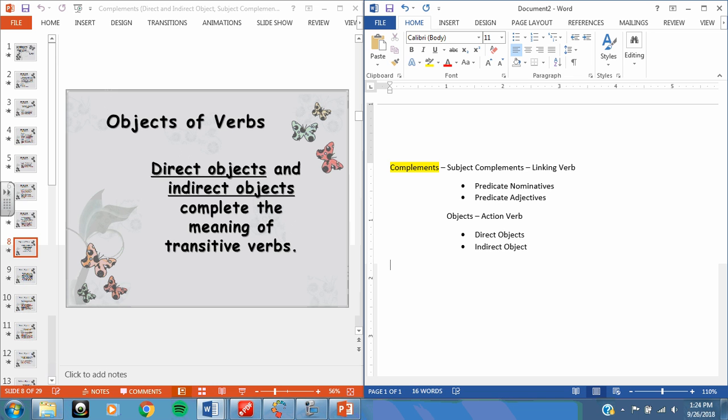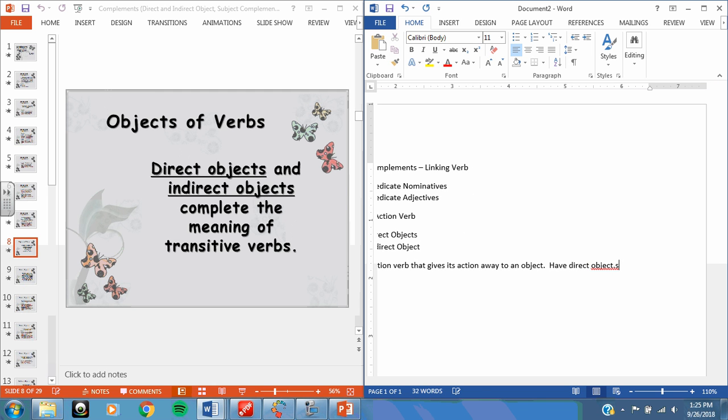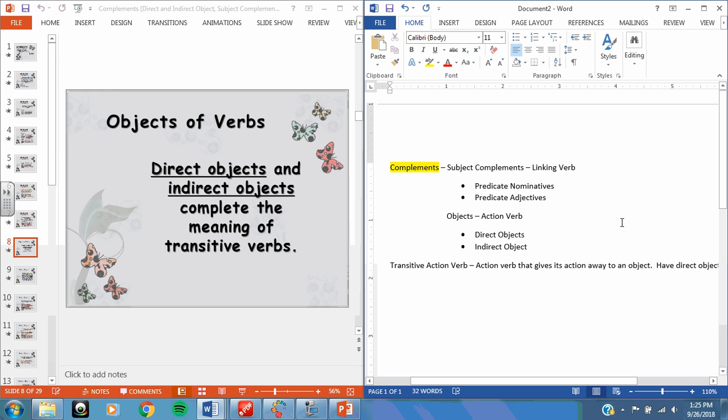Transitive, as a term, just means it is an action verb that gives its action away to an object. Meaning that, very specifically, transitive action verbs are verbs that are both action verbs and have direct objects. Fairly simple. They're verbs that have direct objects. They're verbs that give their action away to some kind of direct object.